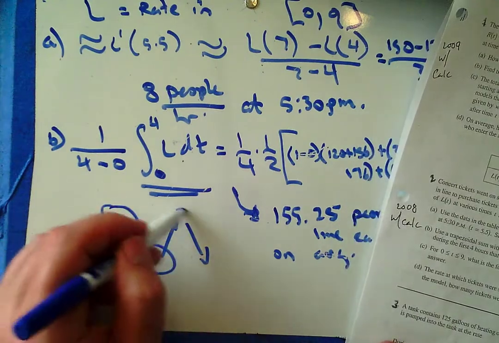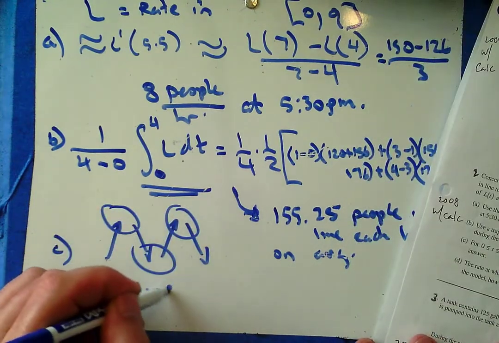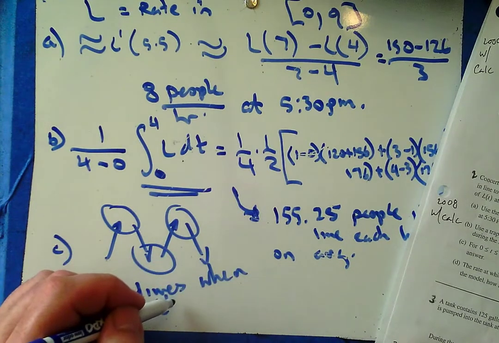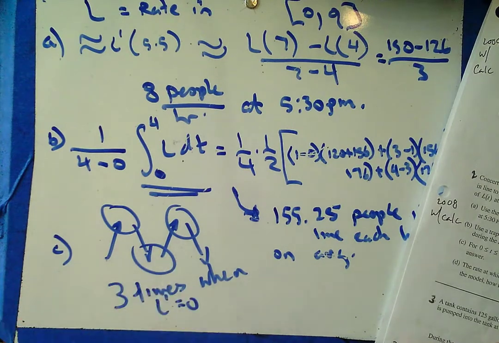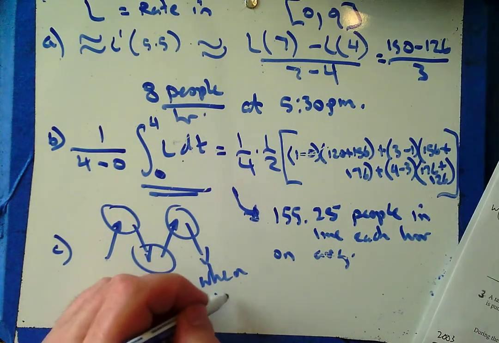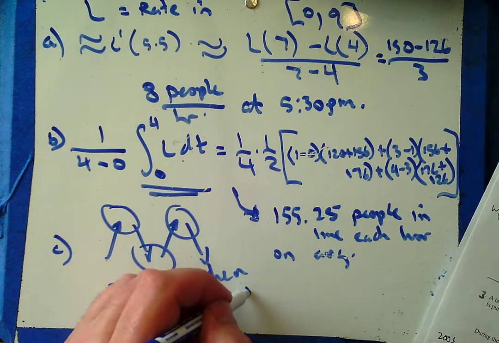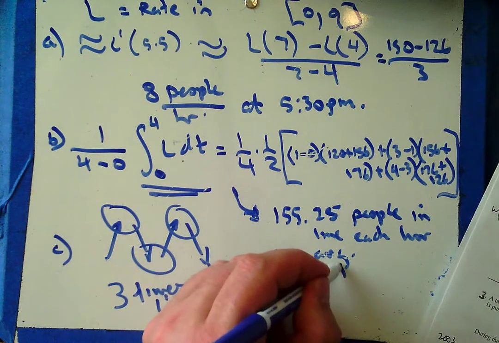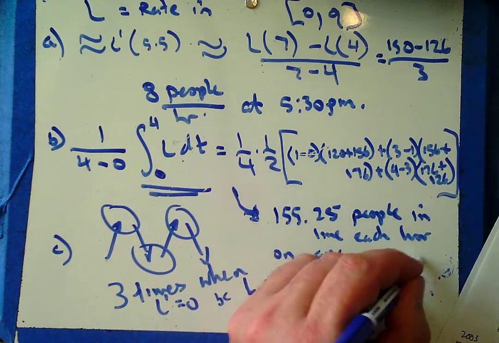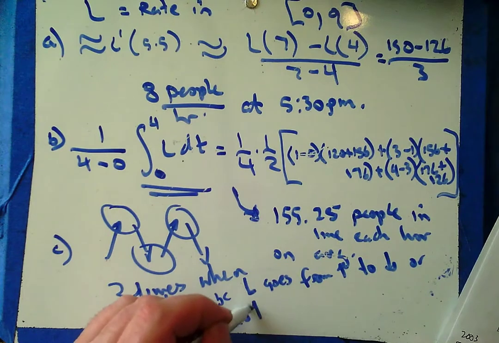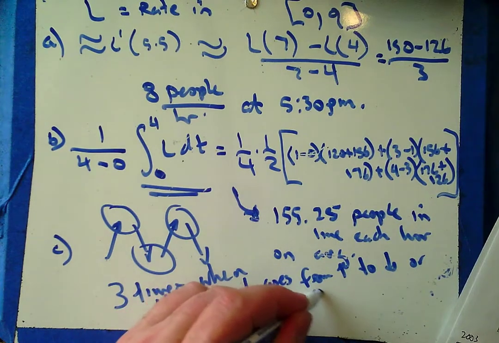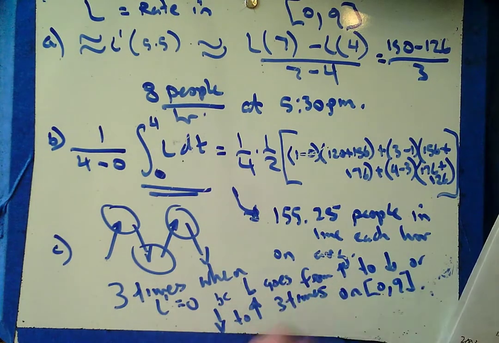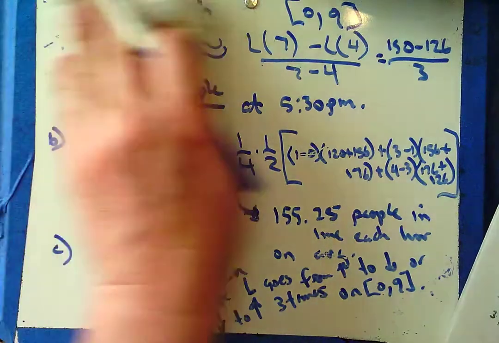So it looks like I'd have 3 times when L prime equals 0 because L goes from increasing to decreasing or decreasing to increasing 3 times on 0 to 9. Okay, there's part C. What about part D?